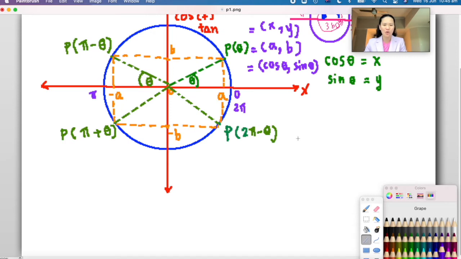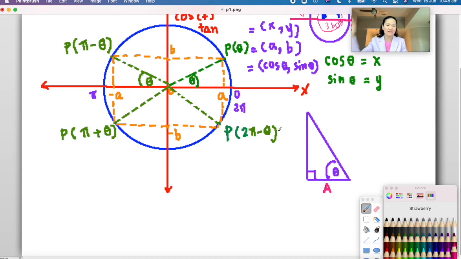Okay guys, draw this picture together. Quick one. If you have theta here, right? Here is theta. This one is the right angle. The side that is next to theta we call adjacent. The side opposite the angle we call opposite.